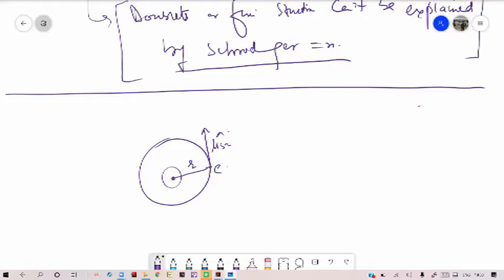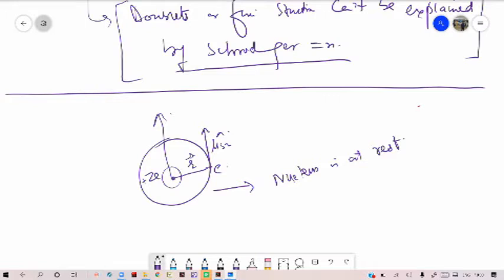This is Ze plus, a proton, in the nucleus, and this is the radius vector. What we observe here is that the nucleus is at rest.